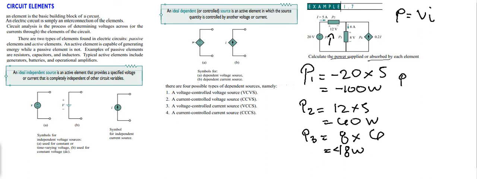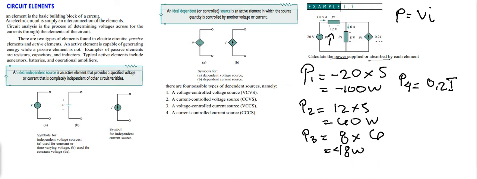And for P4, we have 0.2 I. Kung titignan natin, these are independent sources, which are active. These are passive, while this one is active, and also this is a dependent source. We have a current controlled current source.